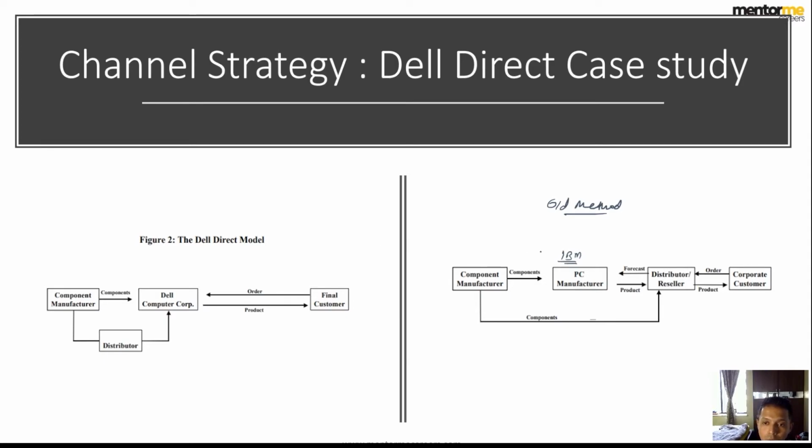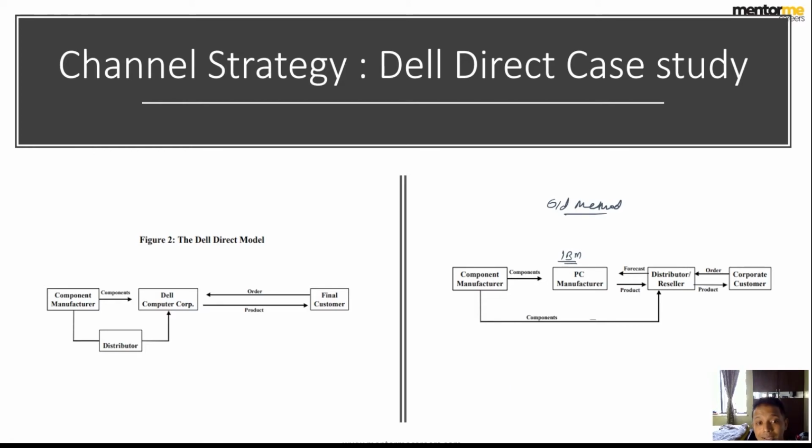Okay. So now what happens is, as we go through each level of distribution, the price of the product is obviously going to increase. And that finally makes the product a little more uncompetitive, right? And also becomes a big barrier for any new entrant to actually do well in the business.